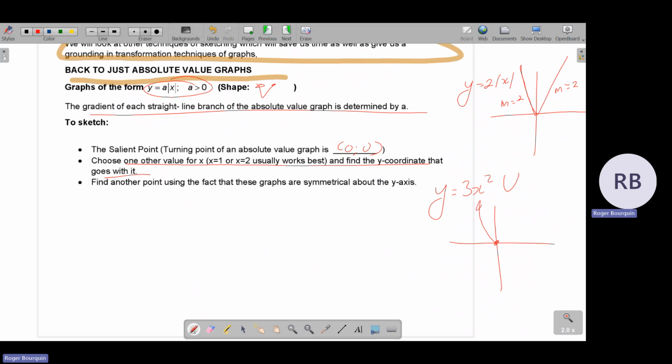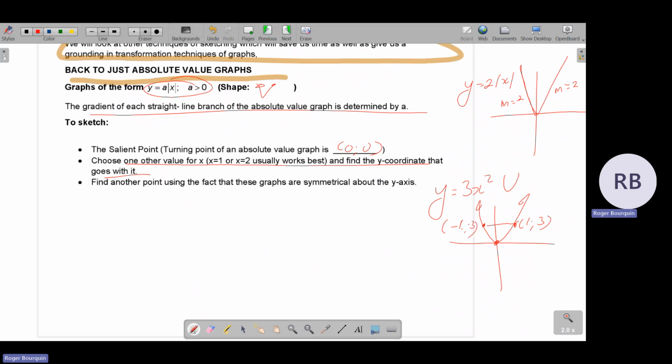Then all you have to do is find one other point, because there are millions of parabolas which go through the origin. If you stop there, you'll lose a couple of marks. Pick a random number. If you pick x is 1, what does the y coordinate be? 1 squared, which is 1, times 3, which is 3, so you'd have 1, 3. And using symmetry, if 1, 3 is a point on the graph, what's the coordinate of this point over here? Negative 1, 3, eh?